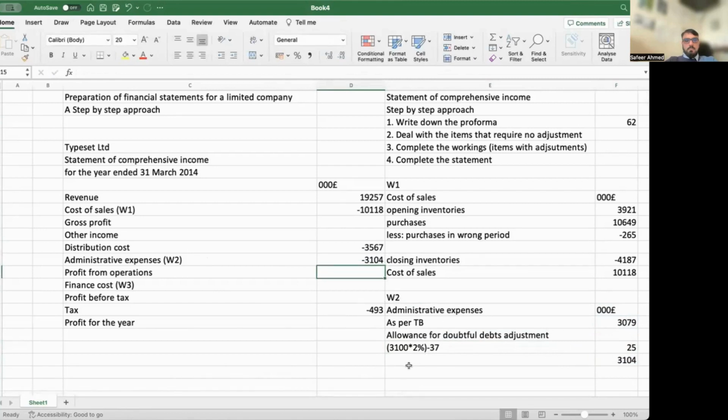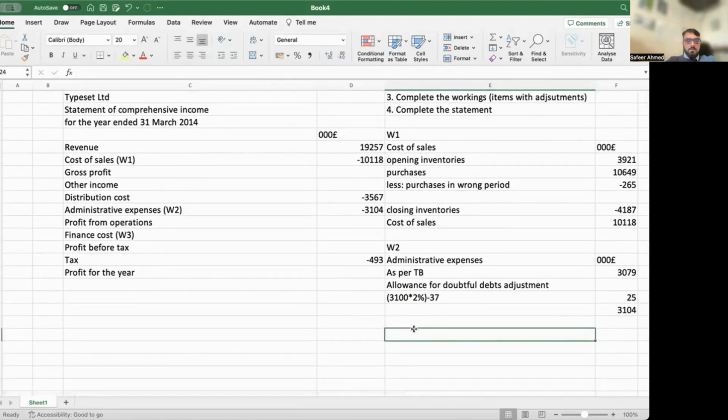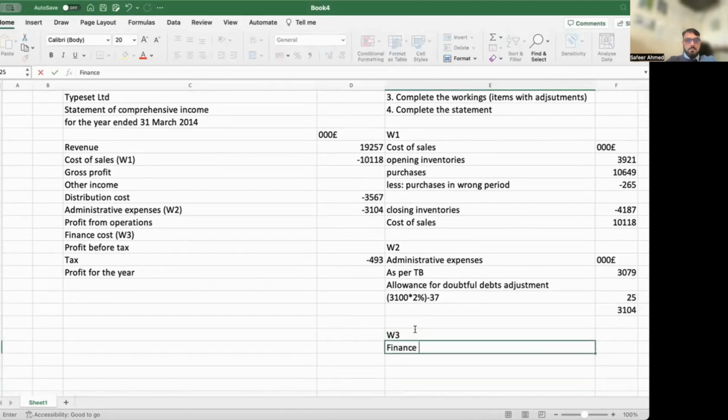Okay, and then working three, which is finance cost. Again, you will be starting with as per trial balance.